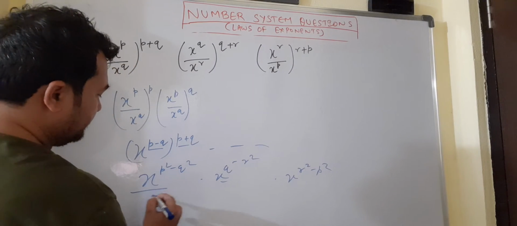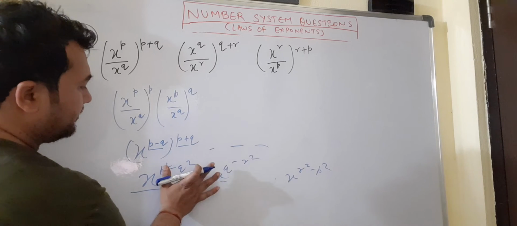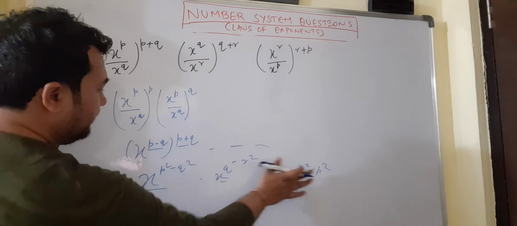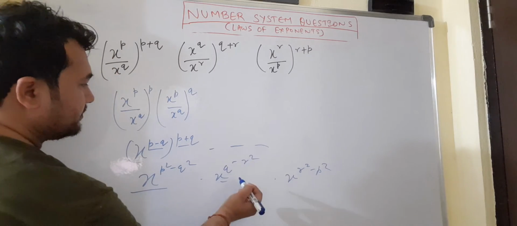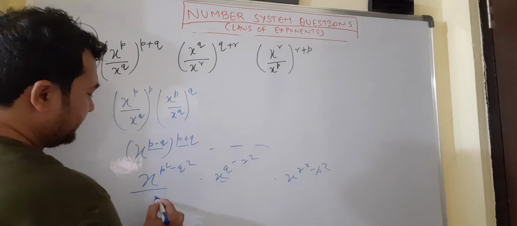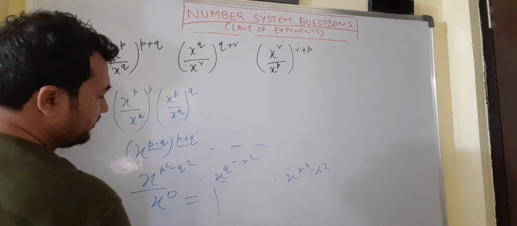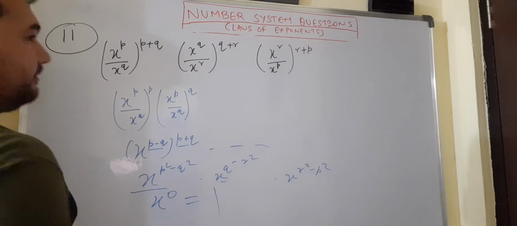Since this is a to the power m and a to the power n, powers will add up, and when you add all these, in this way all the powers will get cancelled. Ultimately you will get x to the power 0, which is 1. So you can solve it in any way.